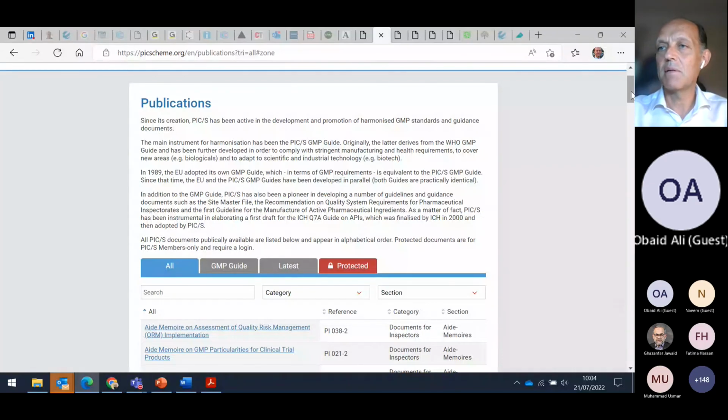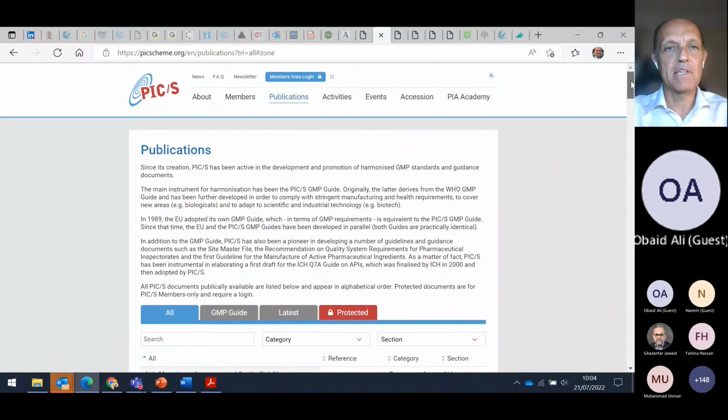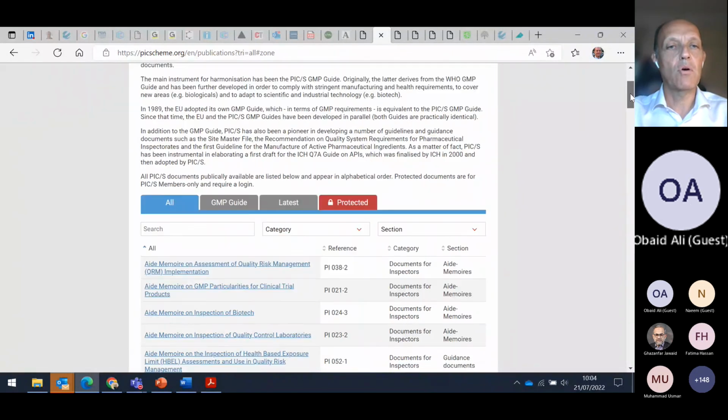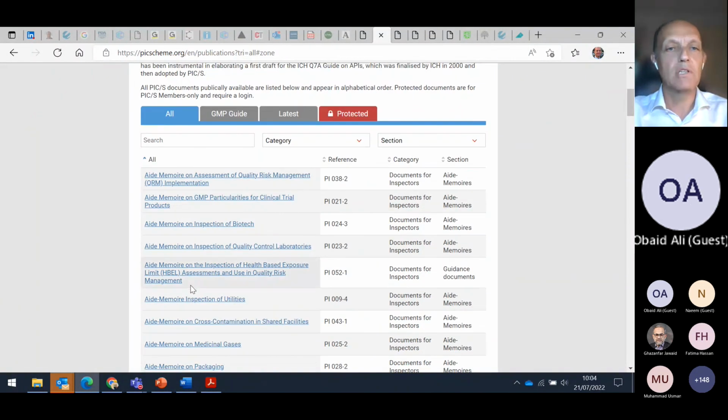Another important point, you were asking, is there any checklist to be able to comply? Let me share my screen again for a second, and let me go back to the PICS website. When you come in here, you see that there are publications, all publications.